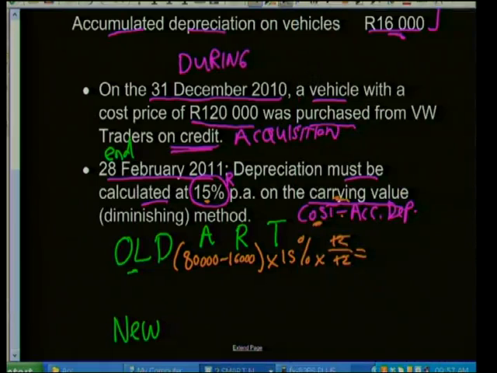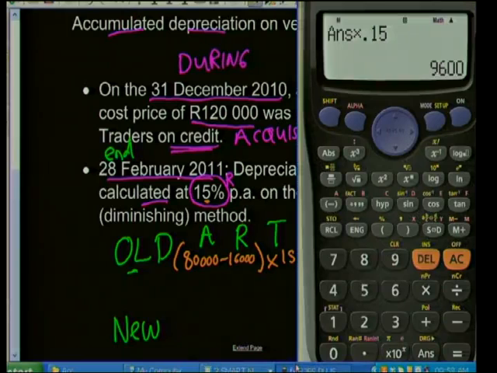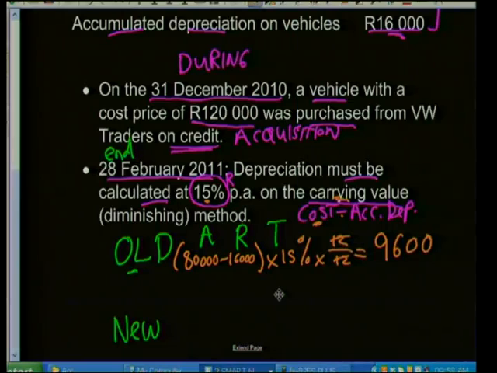So let's fill that in. My depreciation, 9,600. Let's just quickly double check. Absolutely correct. So that's as far as your old vehicle is concerned. Let's now look at the new vehicle.